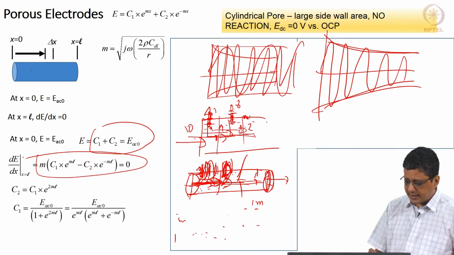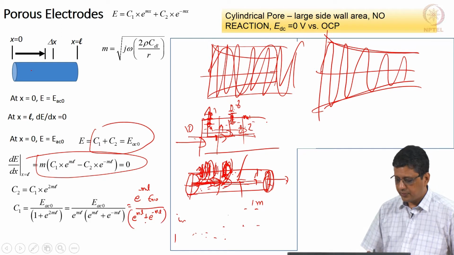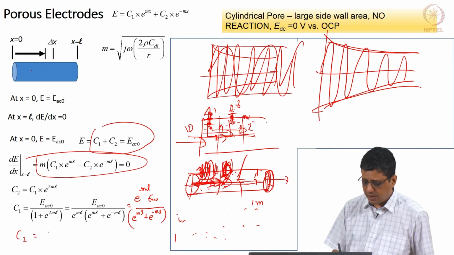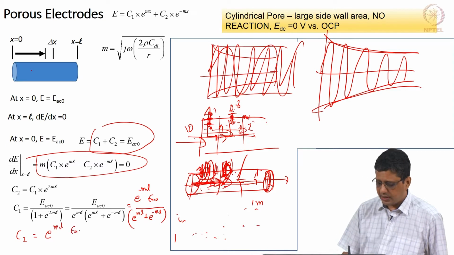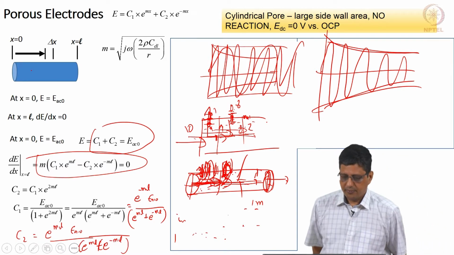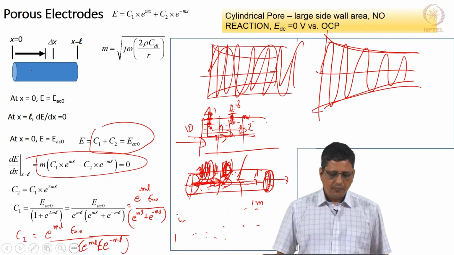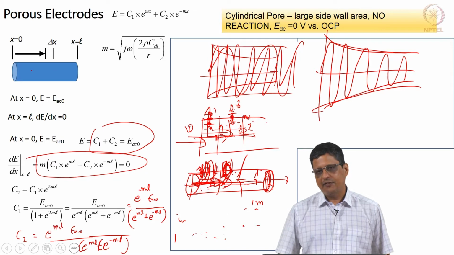You can write C1 as e power minus ml EAC 0 and C2 is going to be e power plus ml EAC 0 by, correct. So, you can get E as a function of x.